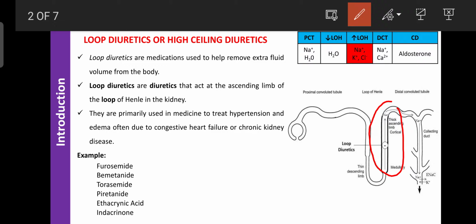As the key points of diuretics: the PCT is involved in the reabsorption of sodium and water, the descending loop of Henle is involved in the reabsorption of water, and the ascending loop of Henle is involved in the reabsorption of sodium, potassium, and calcium. The distal tubule is involved in the reabsorption of sodium and calcium.